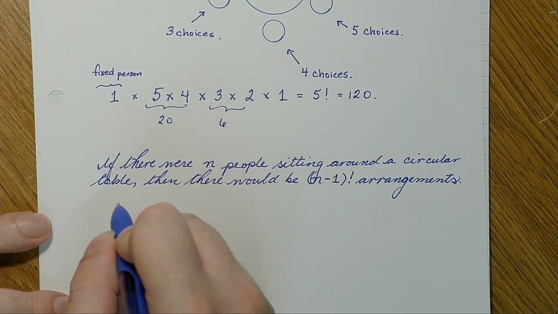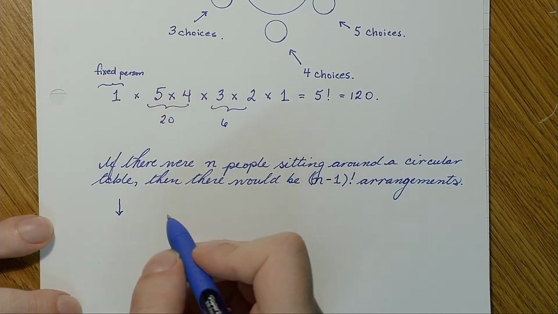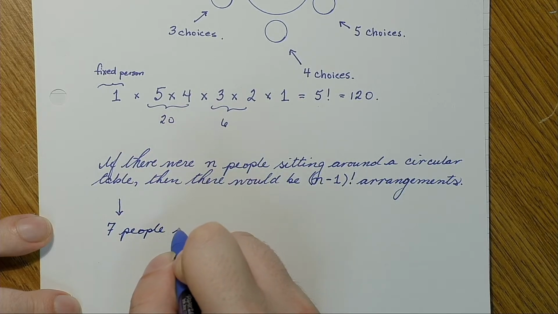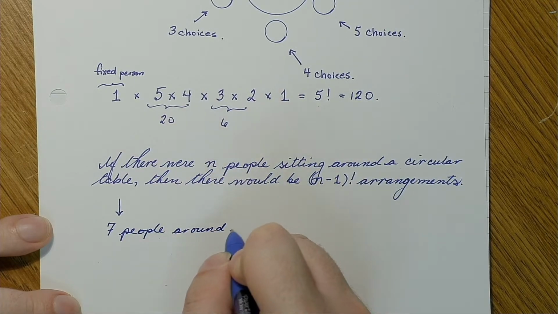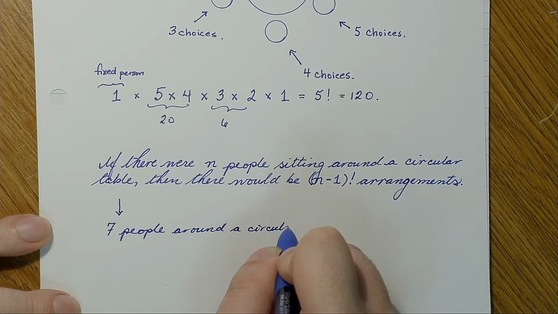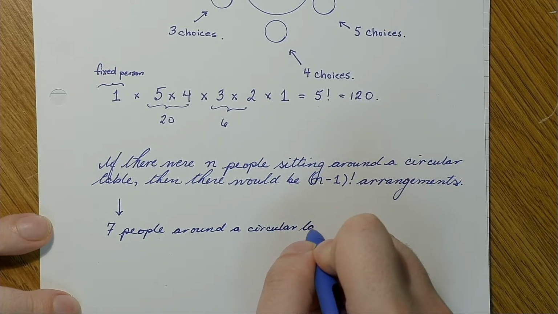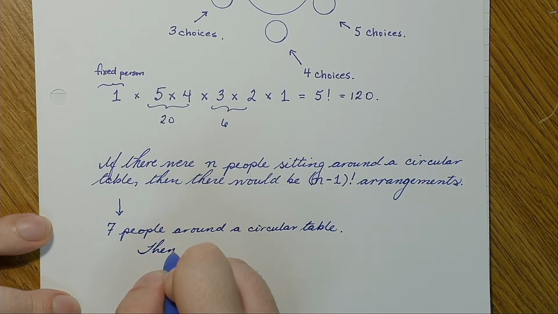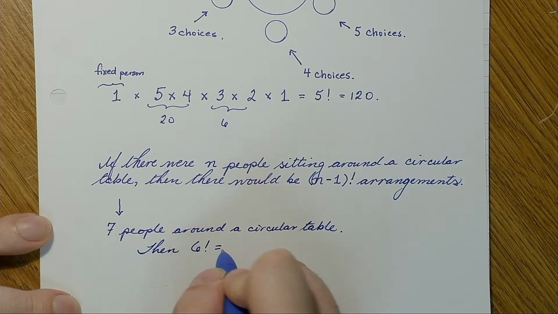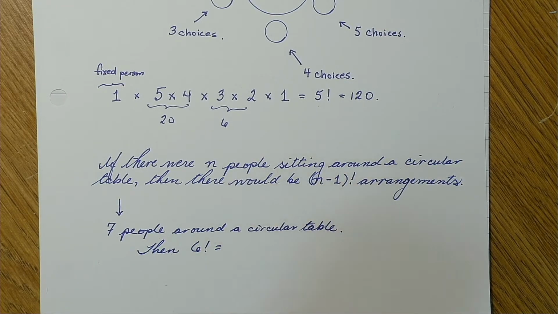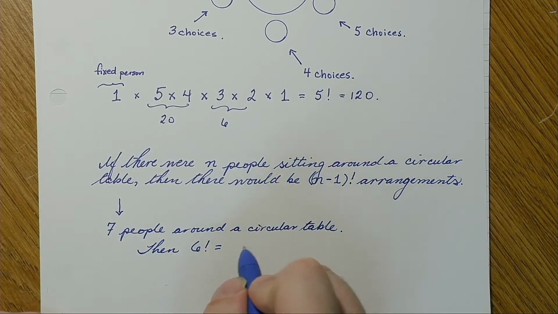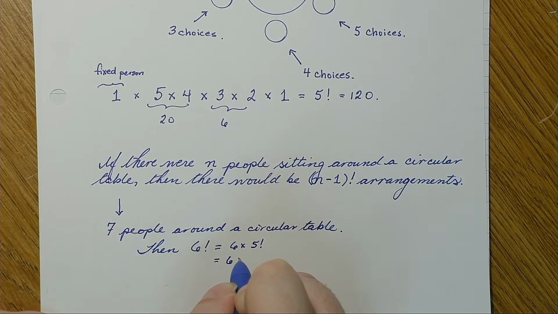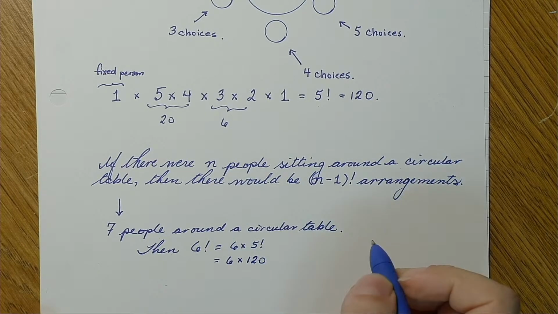So then, extending that, if there was 7 people around a table, then there's 6 factorial, which is 6 times 5 factorial, or 6 times 120.